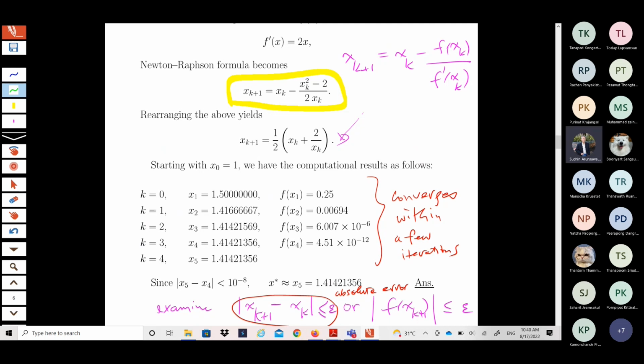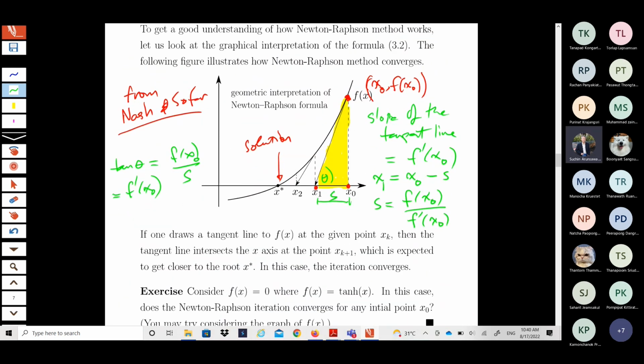But if we do that graphically, then at the iterate xk, we draw the tangent line to intersect the x-axis, and where the tangent line intersects the x-axis is where xk plus 1 is. So we obtain xk plus 1 from this, and then we do it again, right?